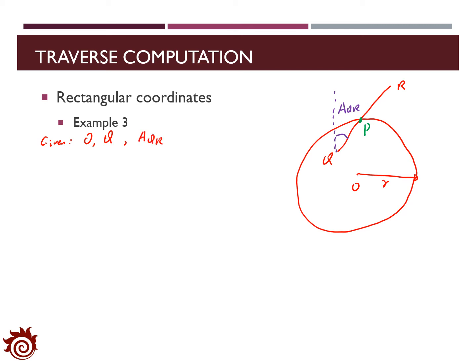Also, we have the radius of R, and we want to find out the coordinates of P, that is XP, YP. For the solution, first we will list the expression for the circle.